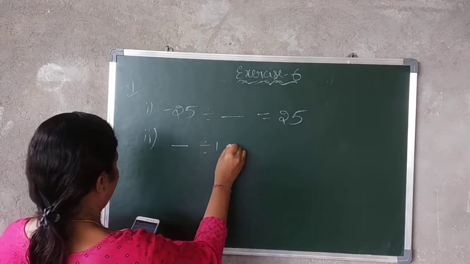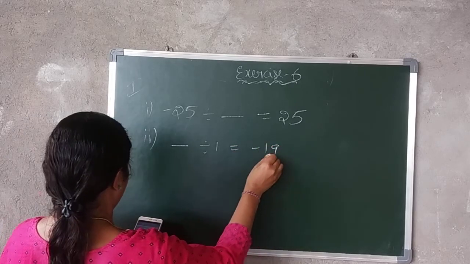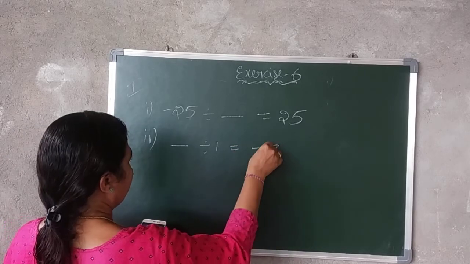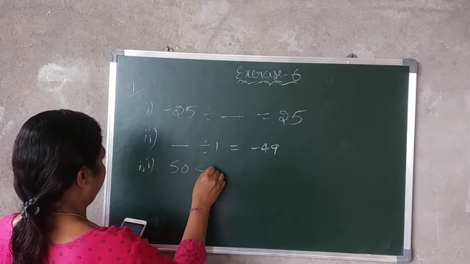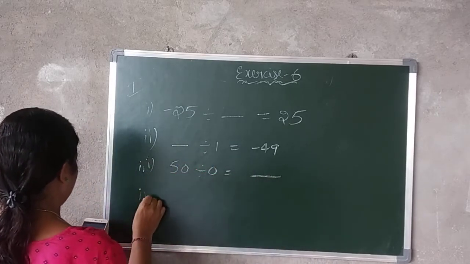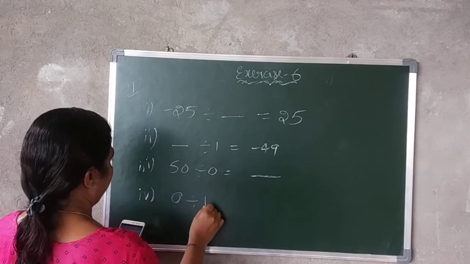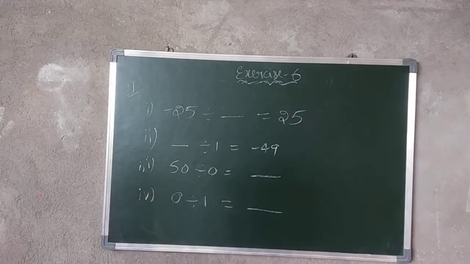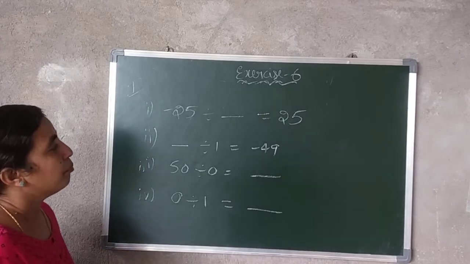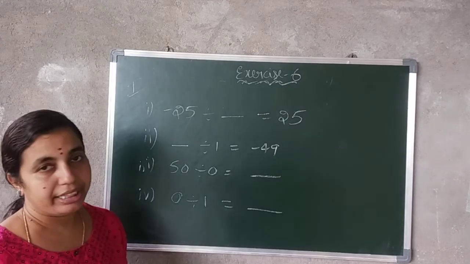Dash divided by 1 is equal to minus 49. 50 divided by 0 is equal to dash. 0 divided by 1 is equal to dash. Okay, only these are there. Very easy. Minus 25 divided by dash is equal to 25.